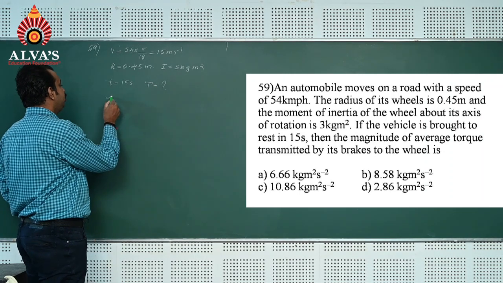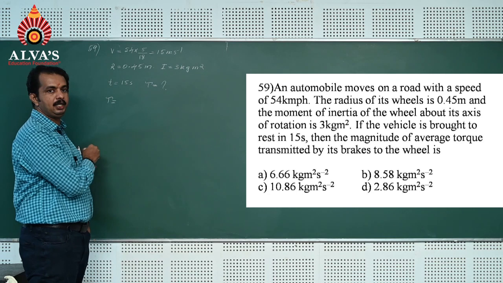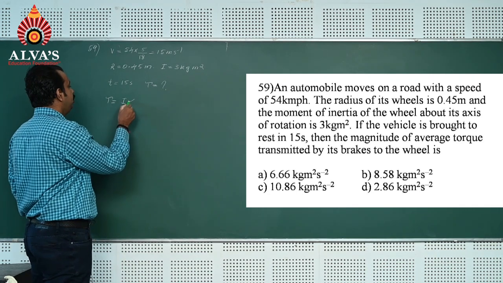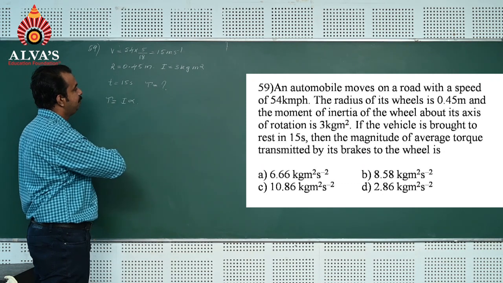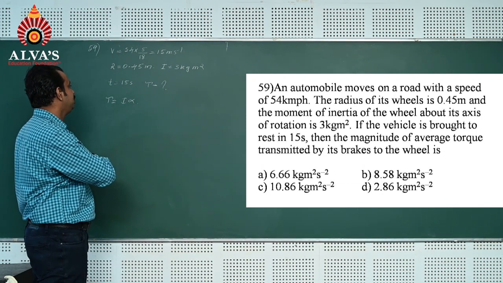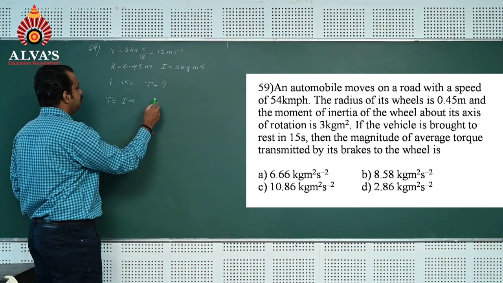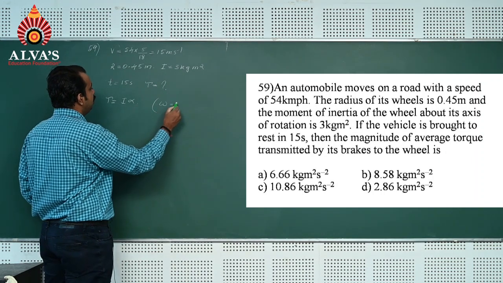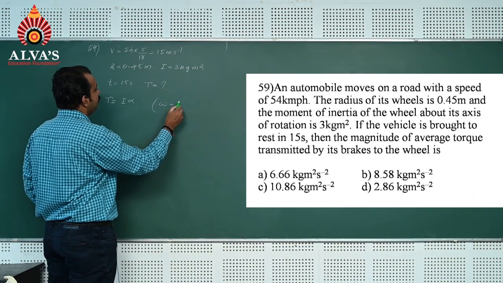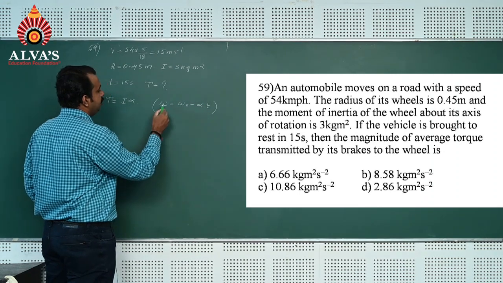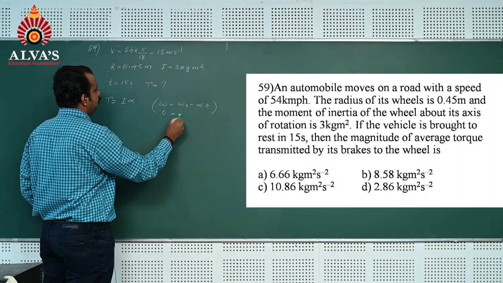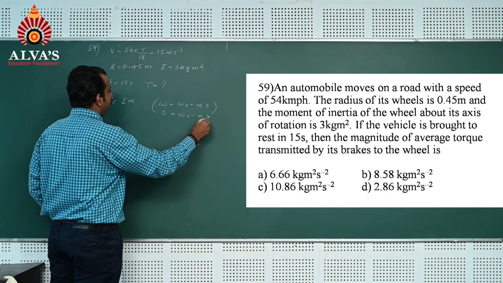So to find out the torque, we can go for the formula. Torque tau is equal to I into alpha. Here time is given to bring it to rest, so we can use the formula omega is equal to omega naught minus alpha t. Final omega is 0, which is equal to omega naught minus alpha t.